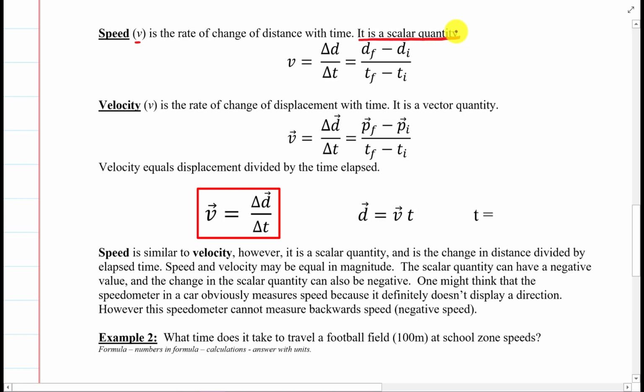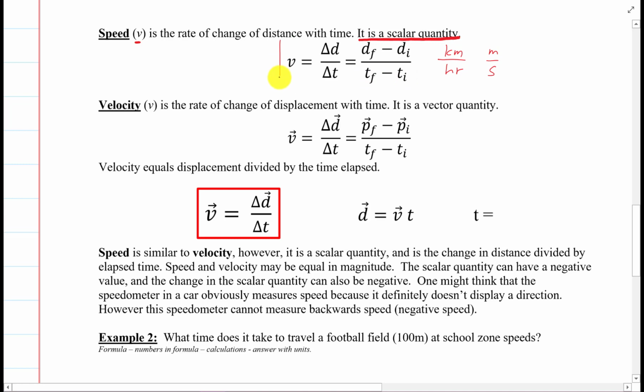We have velocities of kilometers per hour or meters per second, with the distance on the top and the time down below. And the distance up top is how far you've traveled and how much time has elapsed.